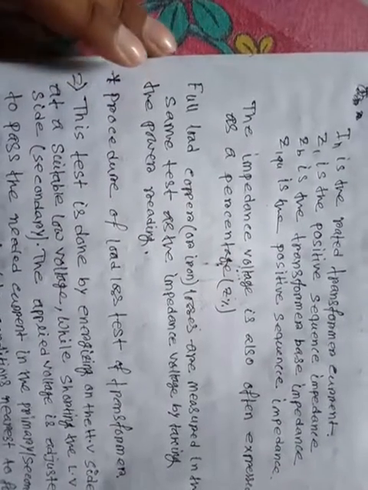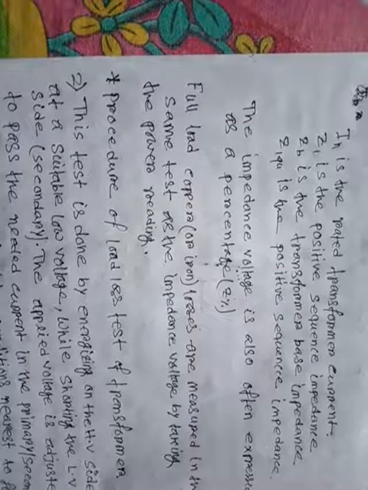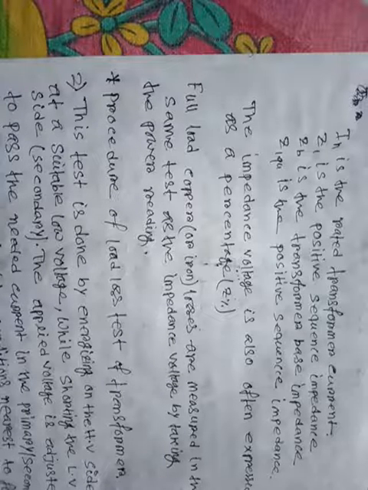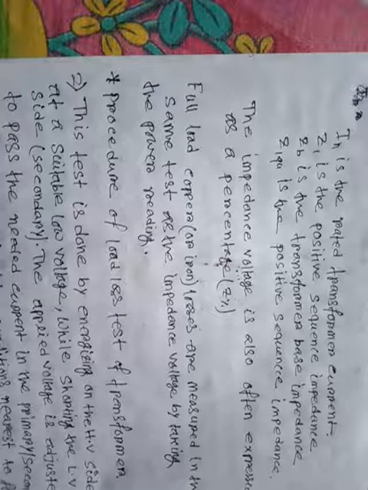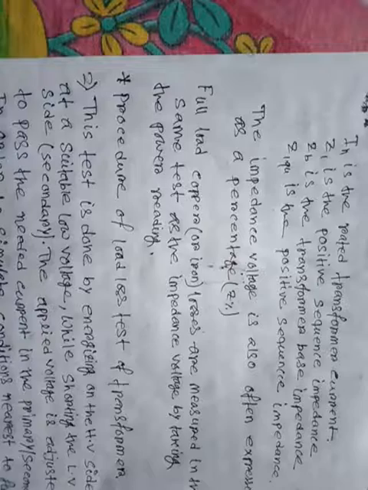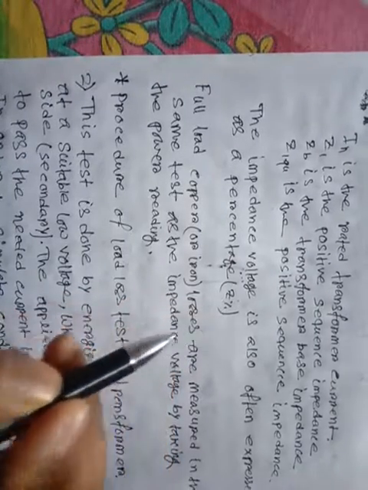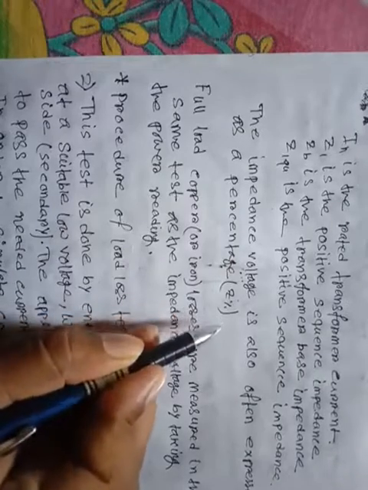In is the rated current of the transformer, Z1 is the positive sequence impedance, and Zb is the transformer base impedance, and Z1 per unit is the positive sequence impedance. The impedance voltage is also often expressed as a percentage, Z percentage, which is right on the nameplate of the transformer.